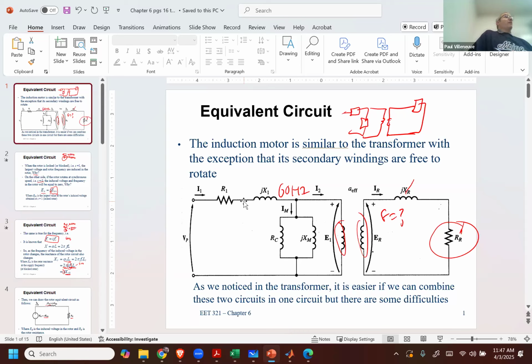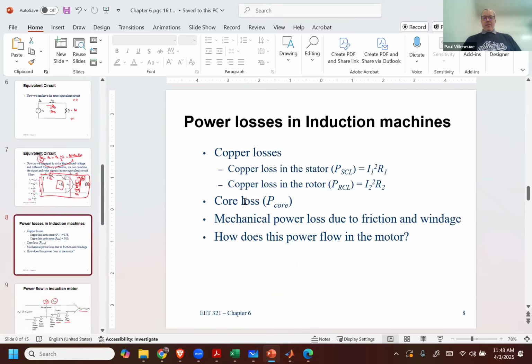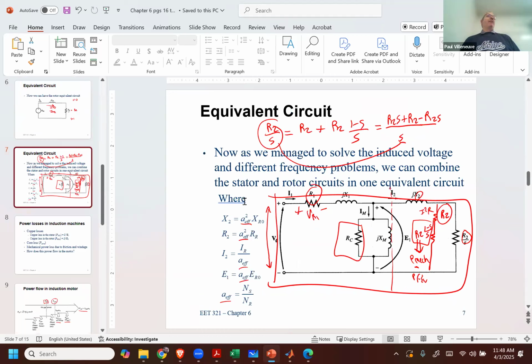For the next class, you have 2 ways to do it. Let's go to the actual circuit here. You can take this circuit and do parallel-series combinations, which is fine.